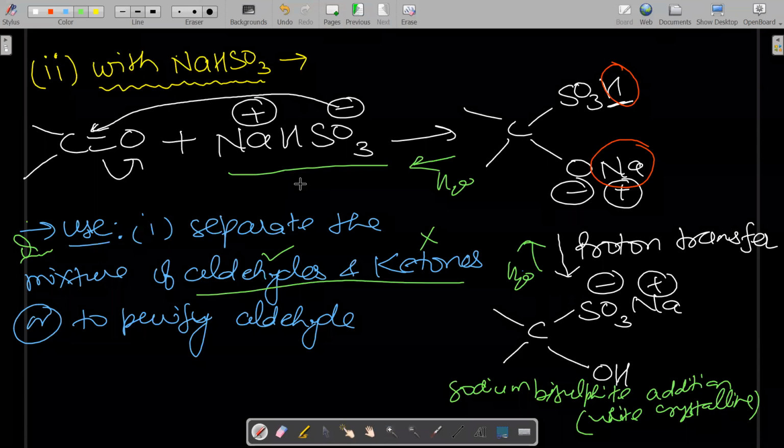This sodium bisulfite will react only with aldehyde, and the other impurities will not react with it. So aldehyde will react with sodium bisulfite to give a white crystalline product, and this white crystalline product will be separated out and then further hydrolyzed to recover the pure aldehyde.